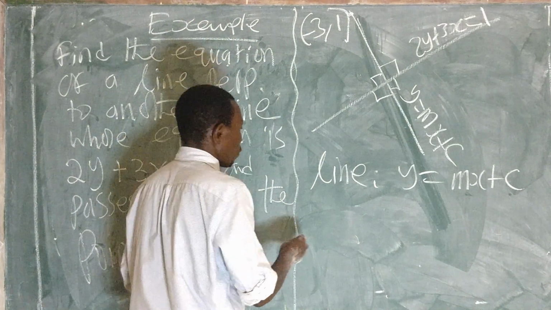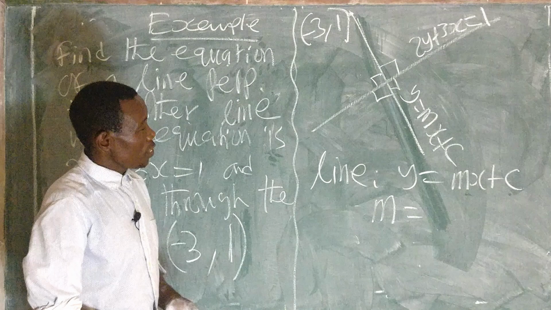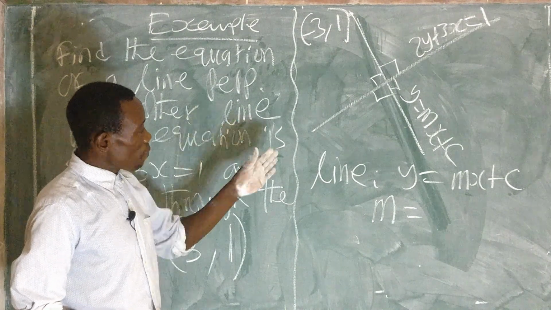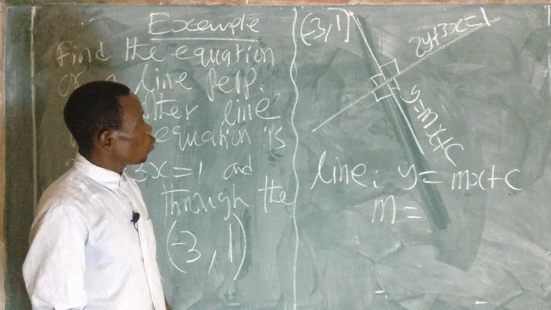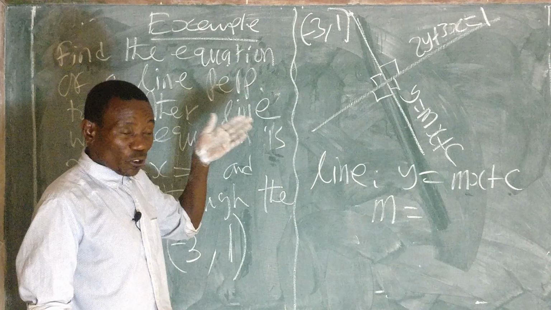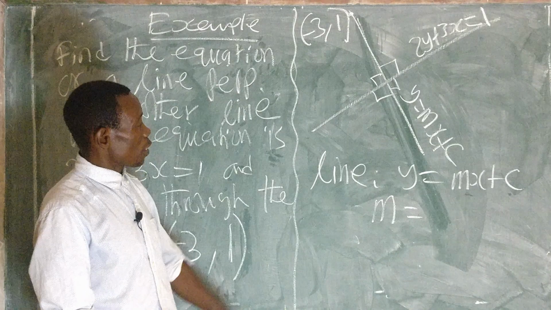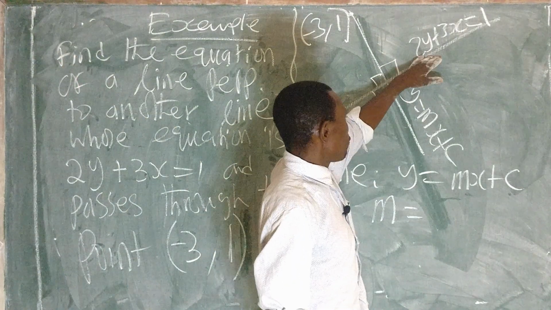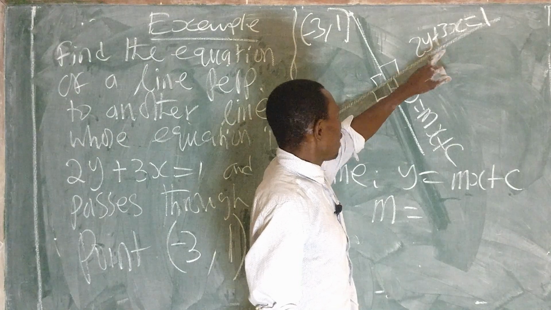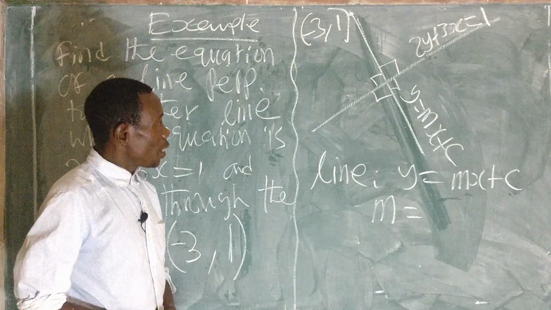Right. So to calculate the value of the gradient, which is m in this case, you need at least to refer to the information of the equation of the line, which is already given and is perpendicular to that line. So in this case, the gradient of this one has to be referred to this equation here, 2y plus 3x is equal to 1.